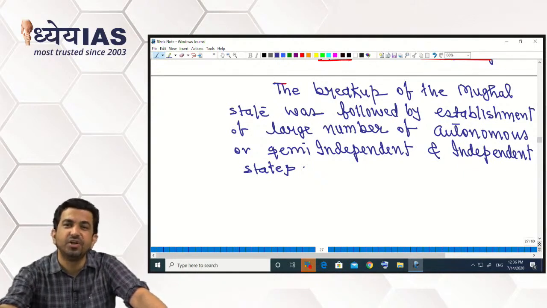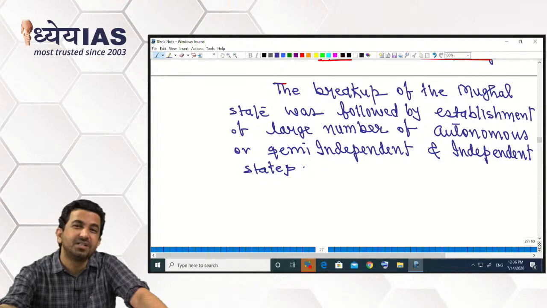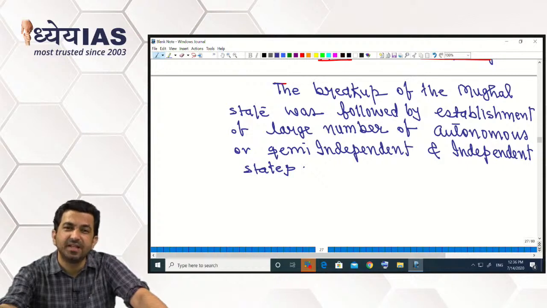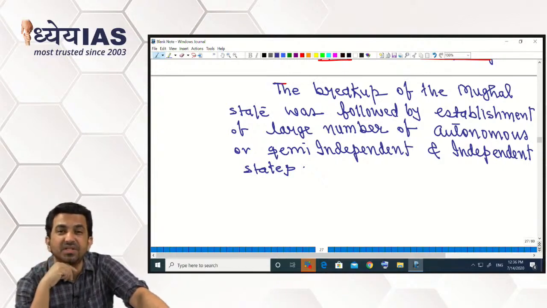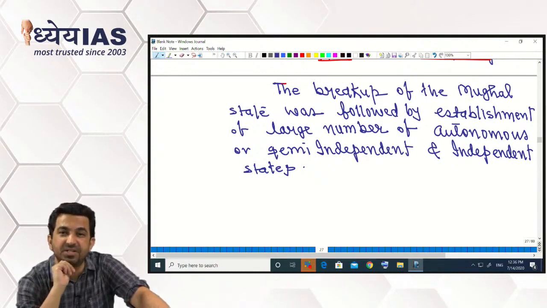And Farrukhsiyar continued his rule. But it became difficult for Farrukhsiyar to avoid the day-to-day interference of the Sayyid brothers, because they wanted a puppet, and Farrukhsiyar was not ready to behave like a puppet.